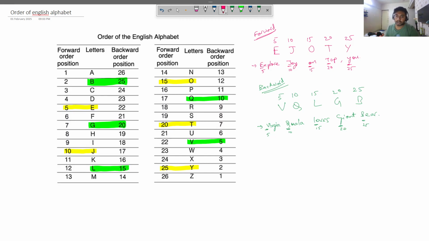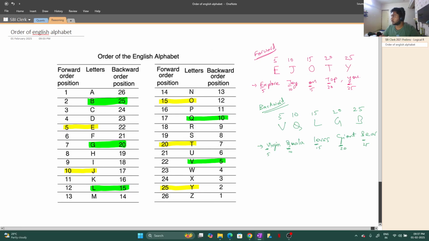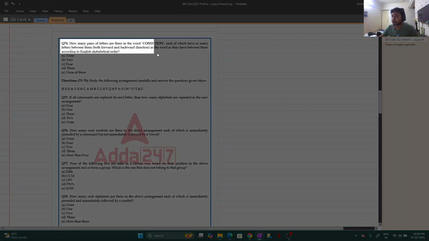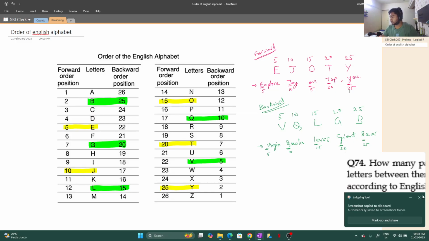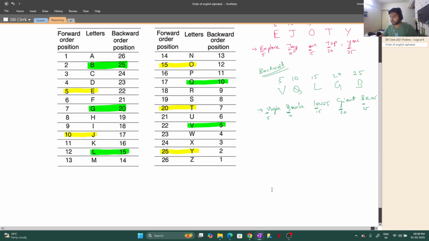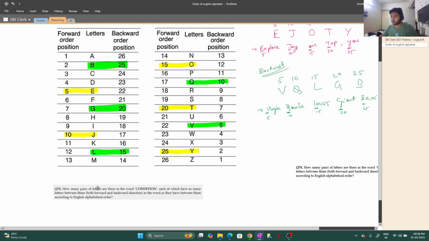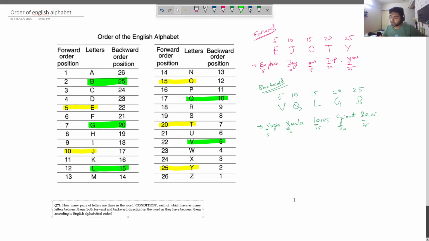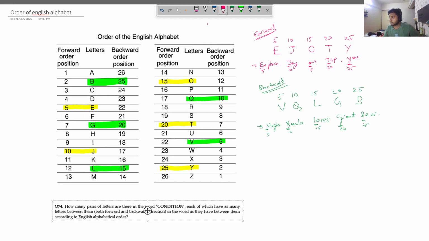That's how you remember. And one thing that I also want you to understand, for this type of question, where it says each of which, how many pairs of letters are there in the word, each of which have as many letters between them, both forward and backward direction, in the word.